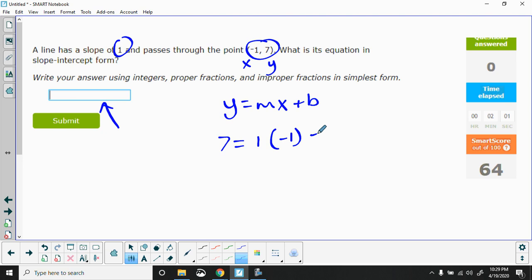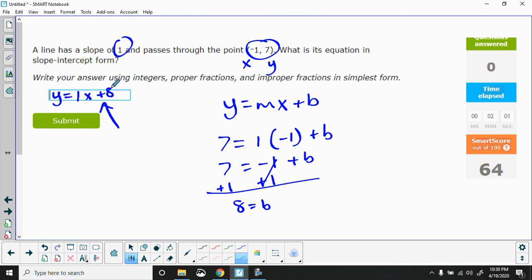Plus b. 1 times -1 is -1, plus b, 7. Do the opposite. Add 1 to both sides. Those cancel. 7 plus 1 is 8. So y-intercept is going to be 8. If we're plugging this into our IXL, we'd do y equals 1x plus 8. We really don't need the 1, but that's okay. Hit submit and get the right answer.